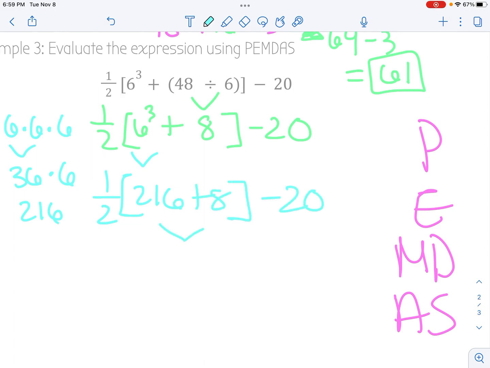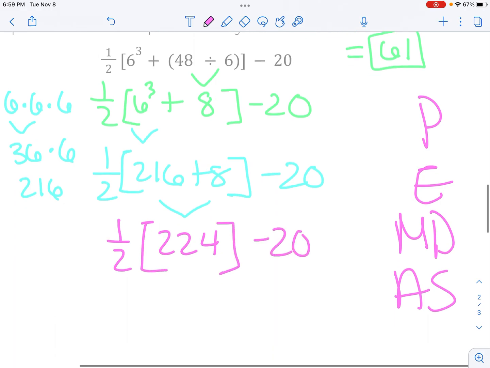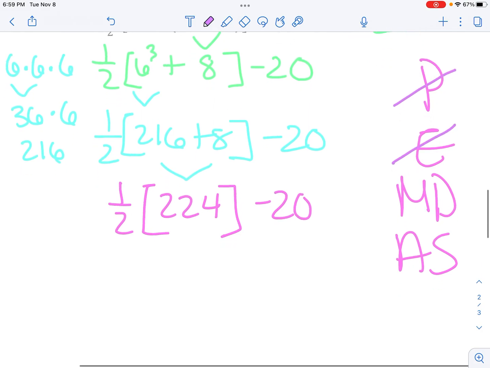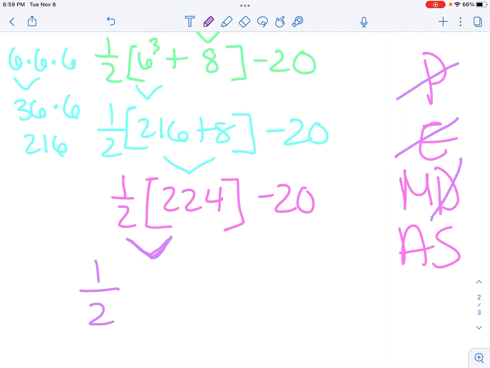With parentheses, I still have a parentheses here. I need to add 216 plus 8 is 224, and I'm bringing everything else down so it stays the same. So now I am done with my parentheses. I'm done with my exponents, and now I have multiplication or division. I don't have division, but I do have multiplication, because if you guys remember, anything with parentheses next to each other means to multiply. So this is saying 1/2 times 224.